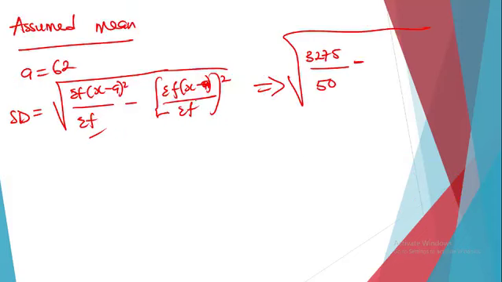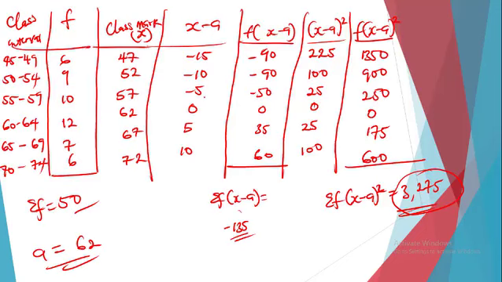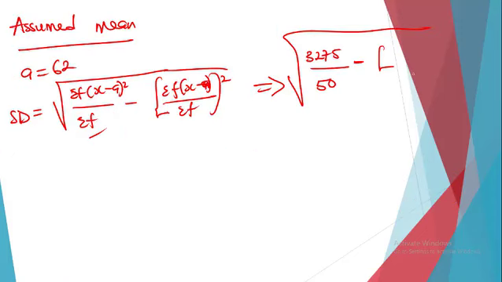Then minus the summation of f into x minus a, open a bracket, which is minus 135, all over the summation of f, which is 50, all squared. Is that correct?